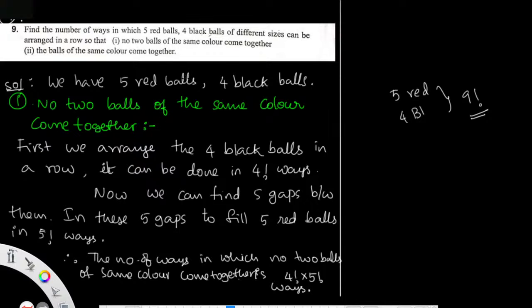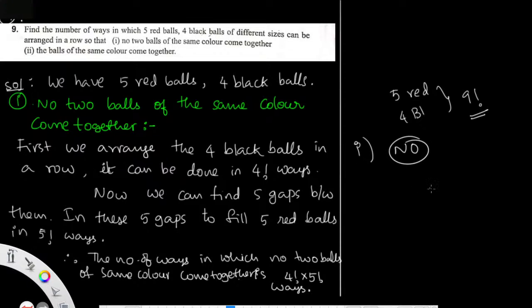But in the question it is given that first, no two balls of the same color come together. This is restriction type 1. So no two balls of the same color come together. So first arrange any one of the balls.